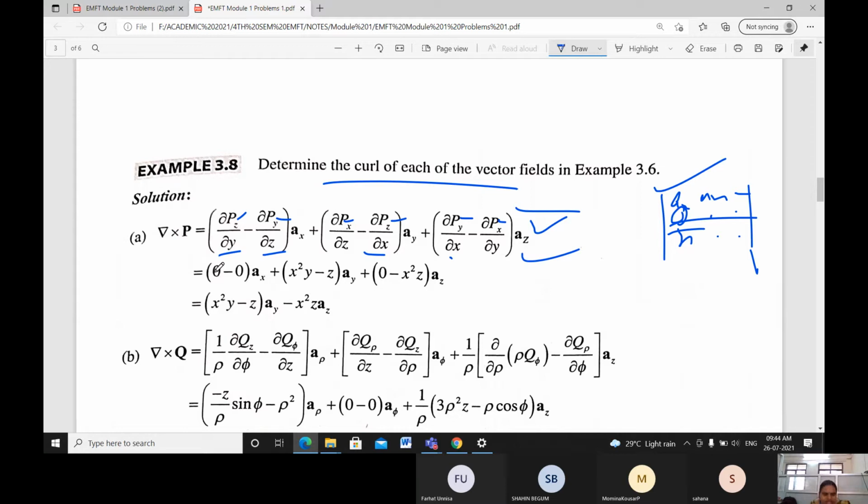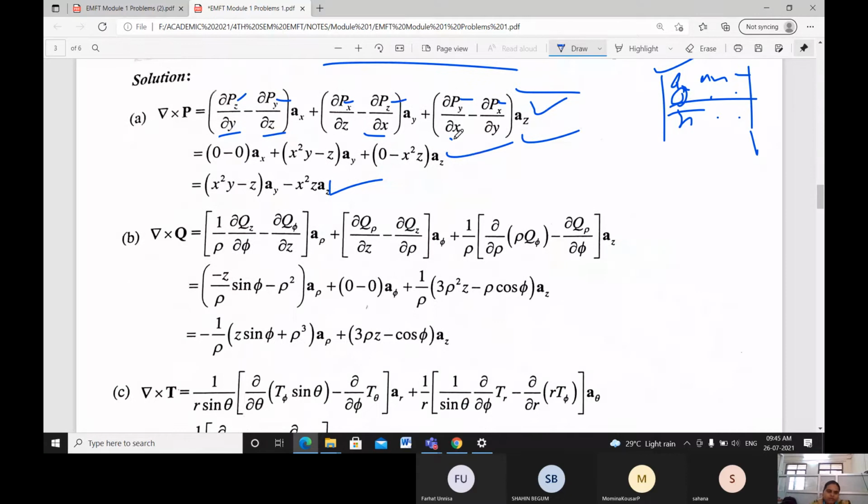Lastly, I hope it's a simple differentiation you can do. You'll be getting x square y minus z into ay minus x square z into az.